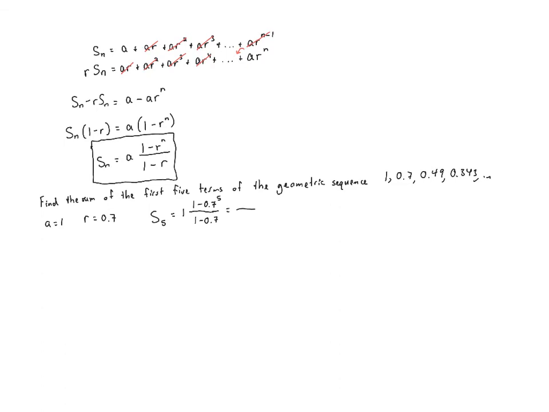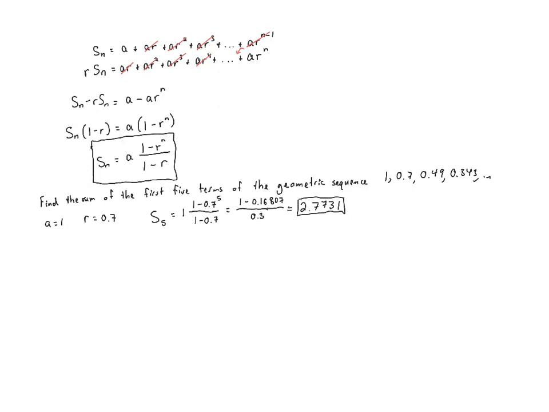If we use a calculator, we can raise 0.7 to the 5th power, and we get 0.16807. And then in the denominator, 1 minus 0.7 is 0.3. And if we use a calculator to evaluate this, we end up with 2.7731.